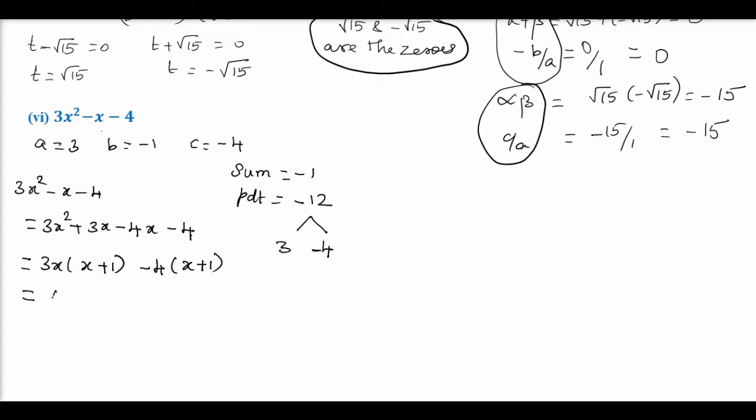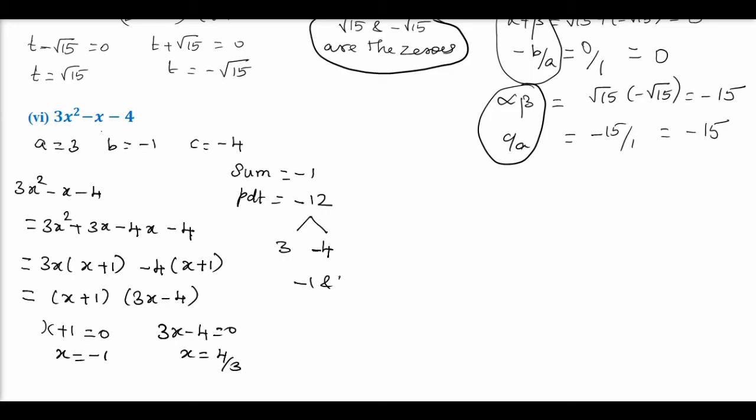So let's take x plus 1 as a common factor so that the remaining factor will be 3x minus 4. Now equating the factors to 0, I get x plus 1 equals 0 gives me x equal minus 1. 3x minus 4 equals 0 gives me x equal 4 by 3. Therefore, minus 1 and 4 by 3 are the zeros.